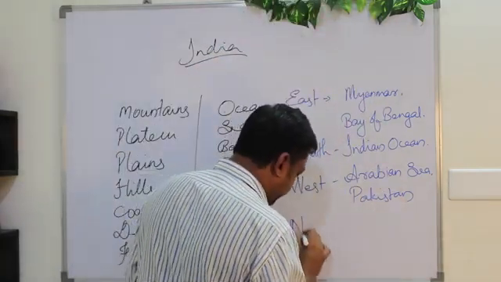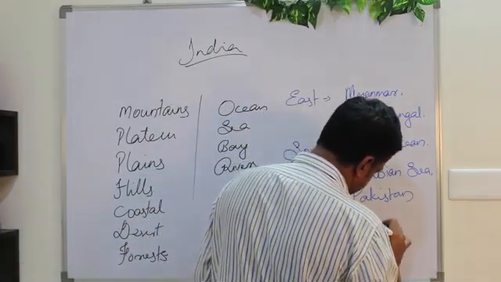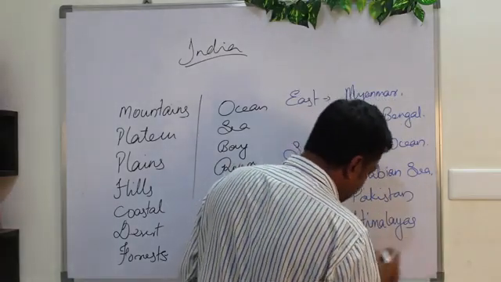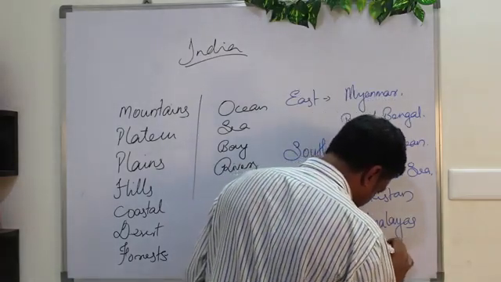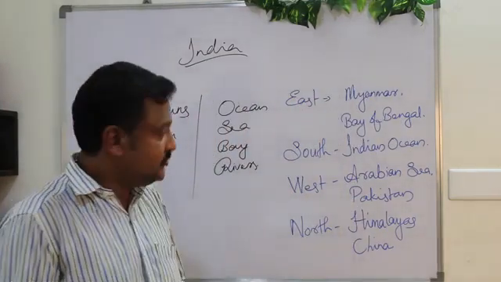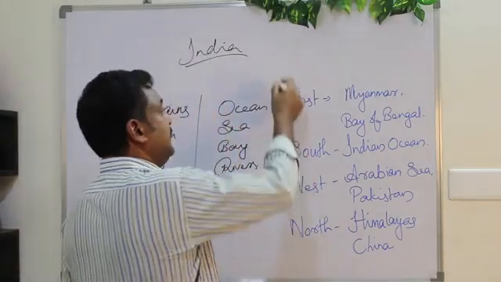And in the north we have Himalayas, China. Right? So these are the major boundaries of India.